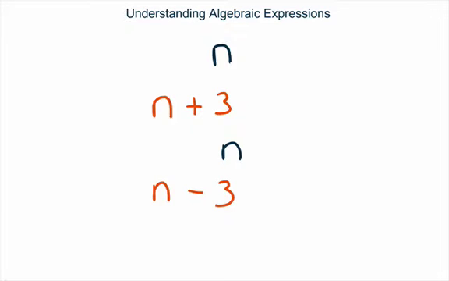But what happens if we need to do multiplication and division? And this is where it gets a little bit trickier, and you have to wrap your head around it, that any time we do algebra with multiplication and division, we have to write it a certain way. So let's just say that I've got my number, which is n, and I want to multiply it by 3.